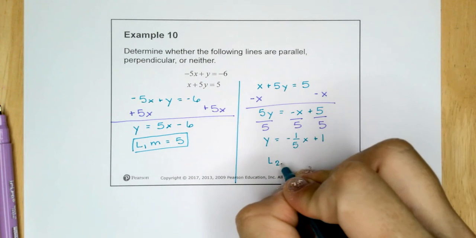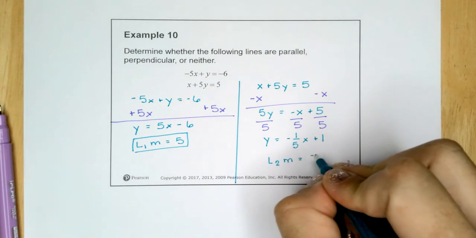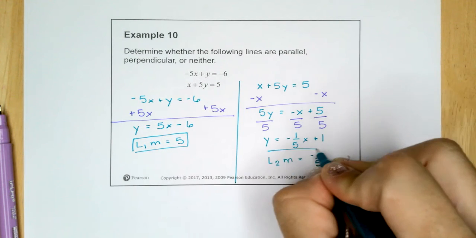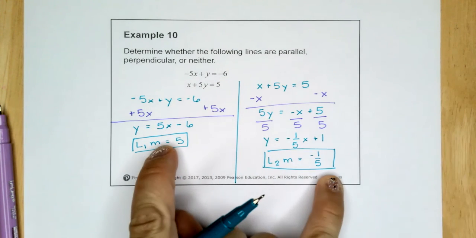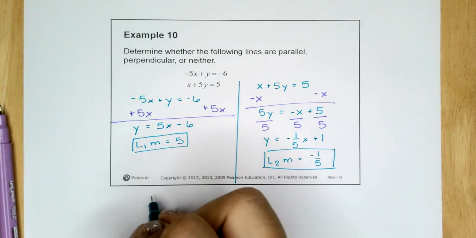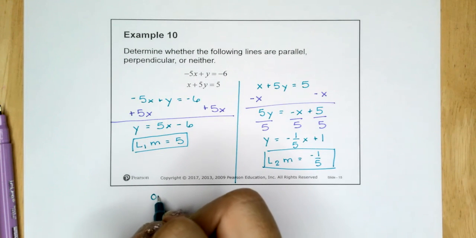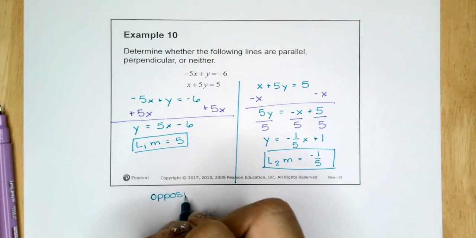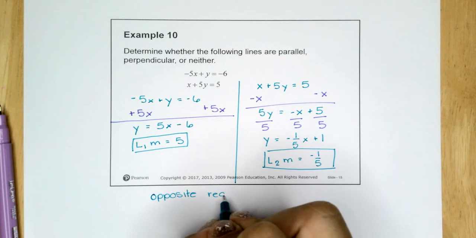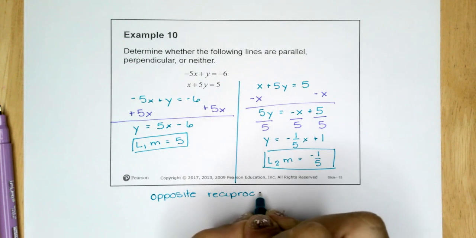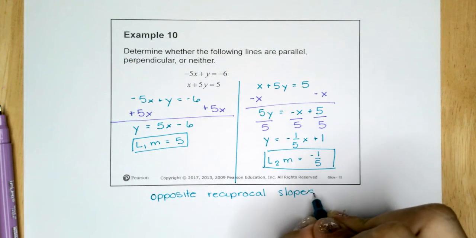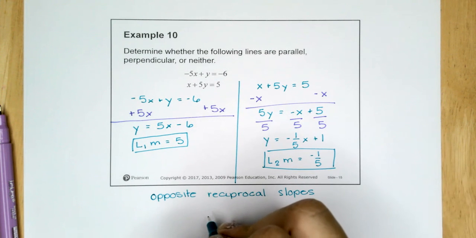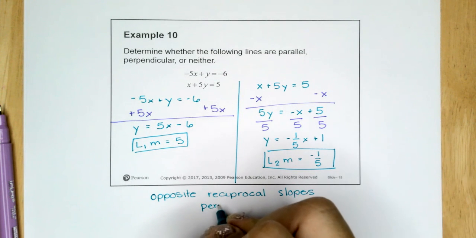So the slope of line 2 is negative 1/5. So that means these are opposite reciprocal slopes, which means they are perpendicular.